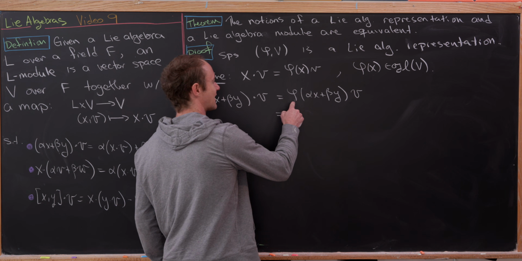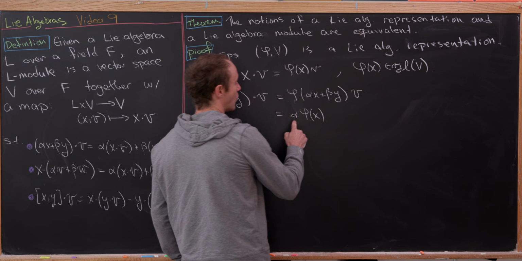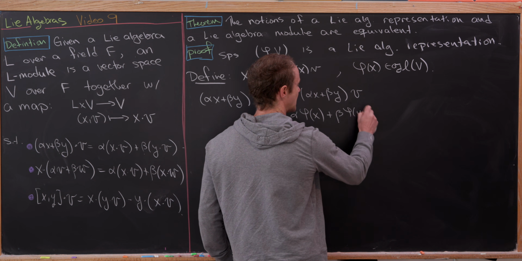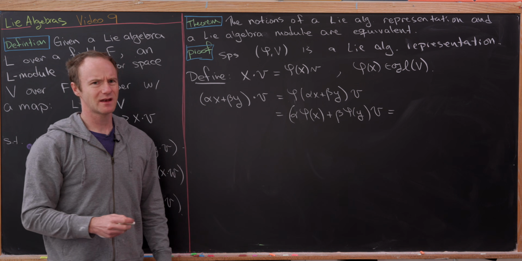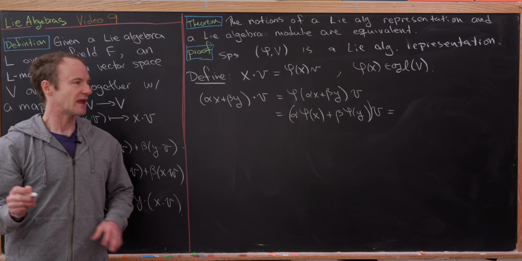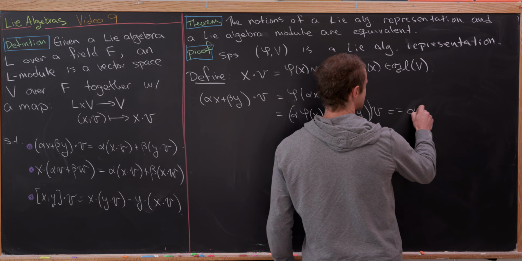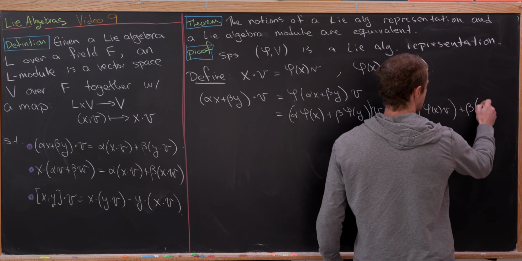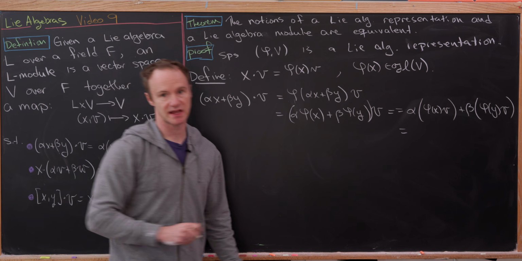Okay, so now given the fact that phi is a homomorphism, we can write this as alpha times phi of x plus beta times phi of y acting on v. But then by the way that linear transformations of vector spaces interact with the vector spaces themselves, we can quickly take this to alpha times phi x of v plus beta times phi y of v, applied to v in each case, I should say.